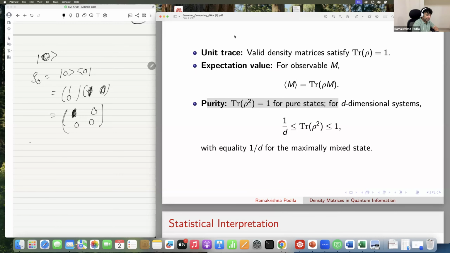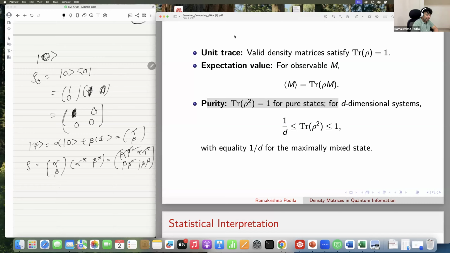But if I take something like psi, which is alpha 0 plus beta 1, then I can write rho as alpha, beta times alpha star, beta star. Which would give me alpha square, alpha beta star, alpha star beta, beta square.